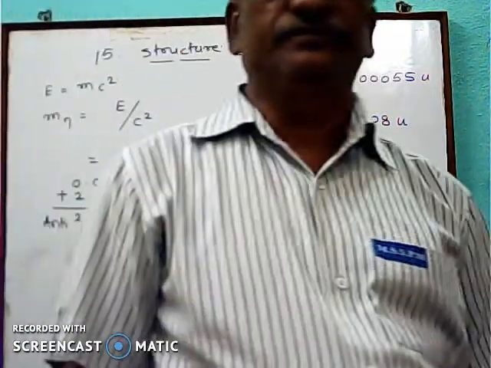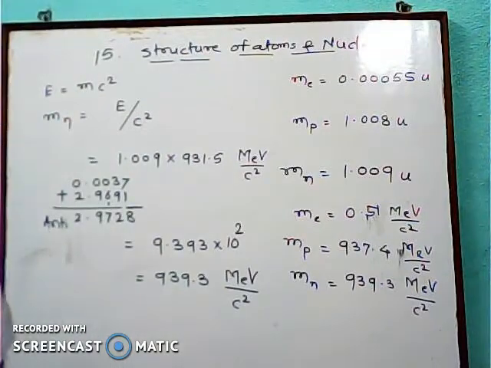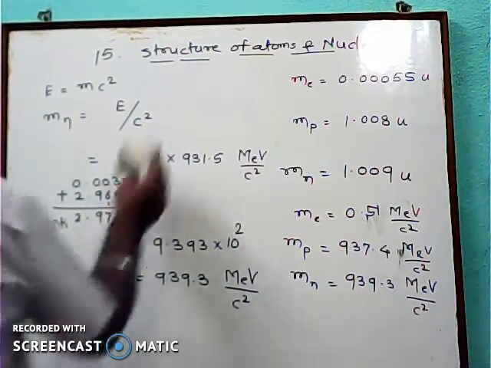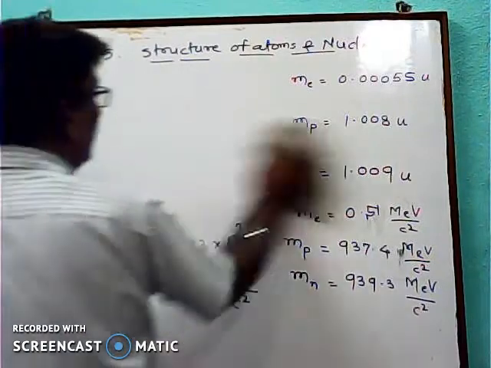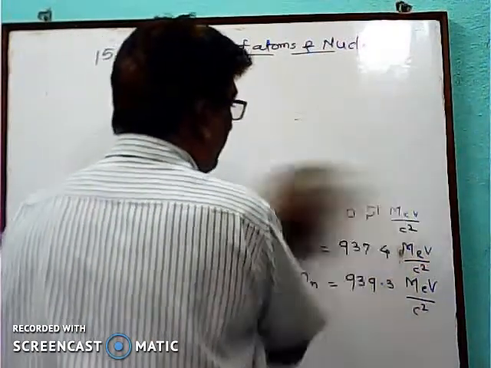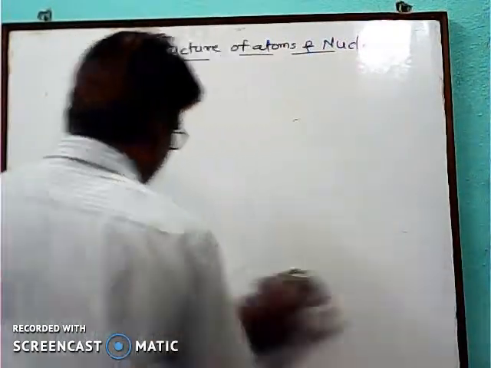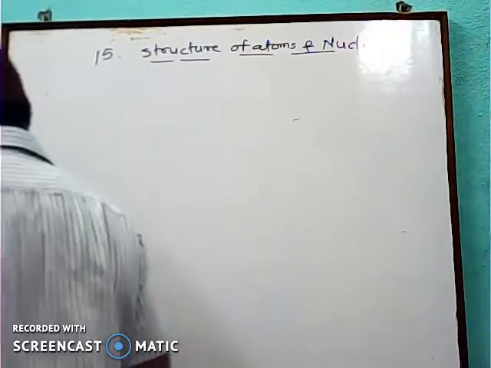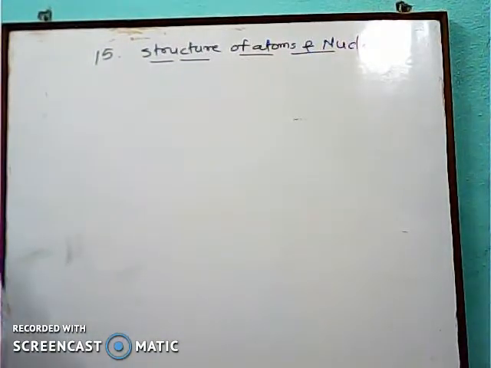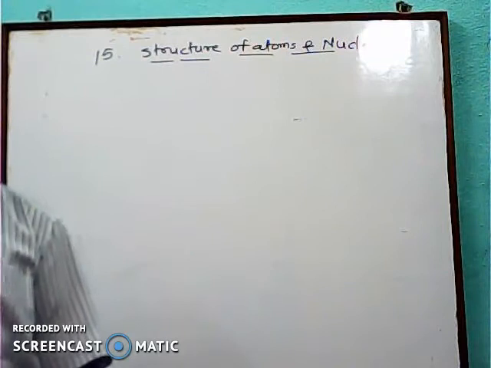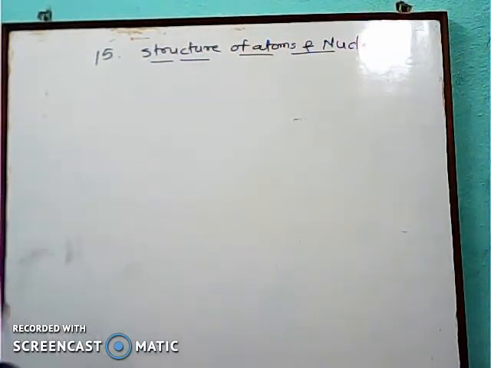So here another point will be sizes of nuclei. The next point is the size of atom. This size of atom can be decided by the size of orbits of electrons in the atom.